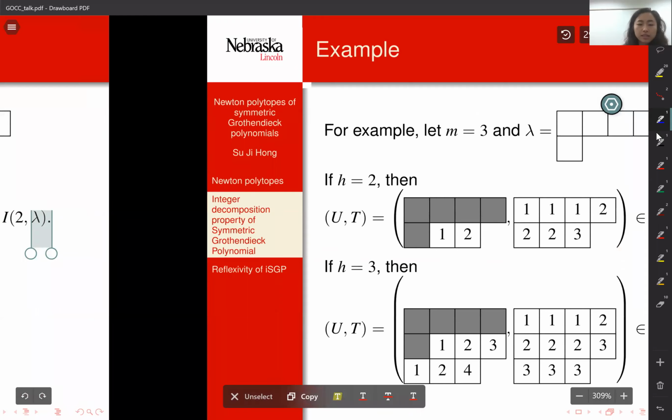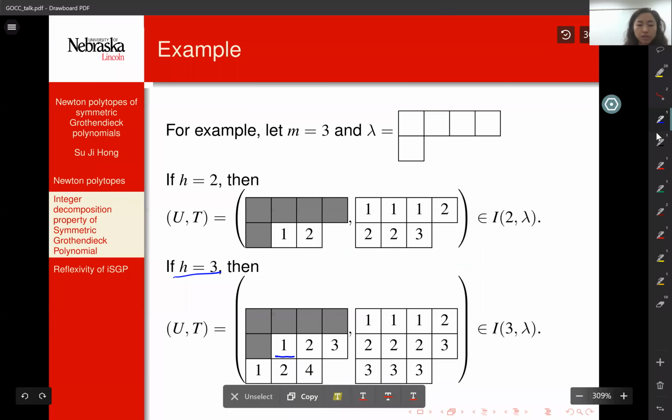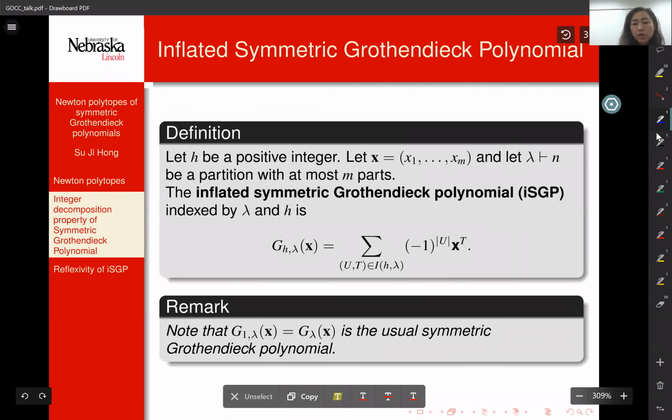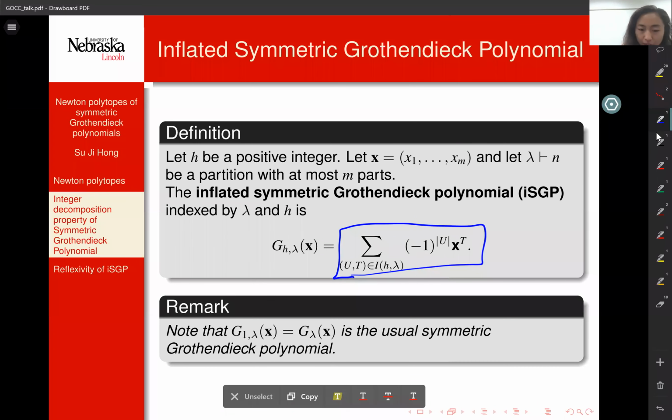And if lambda is equal to 3, we can actually put 3 boxes in there, and this is still strictly increasing. So now this is a possibility as well. The inflated symmetric Grothendieck polynomial is defined very similarly to SGP. We just sum over all of this. And as you can see, if H is equal to 1, then this is the usual symmetric Grothendieck polynomial.